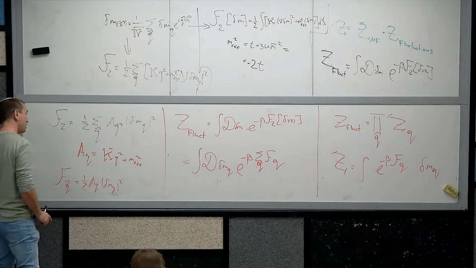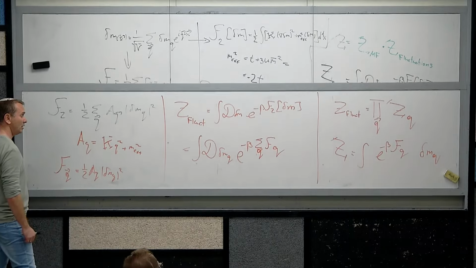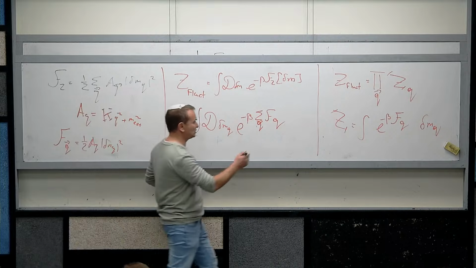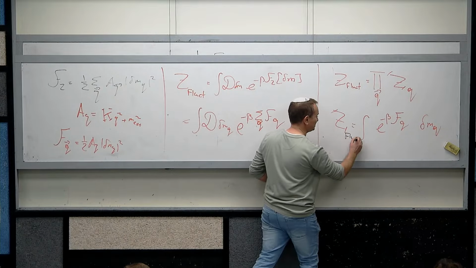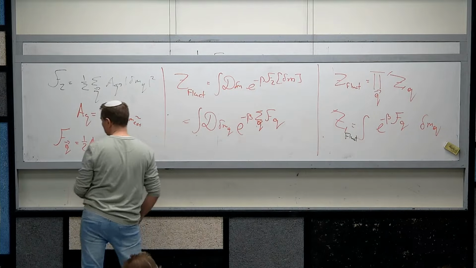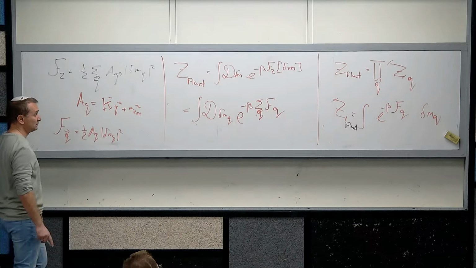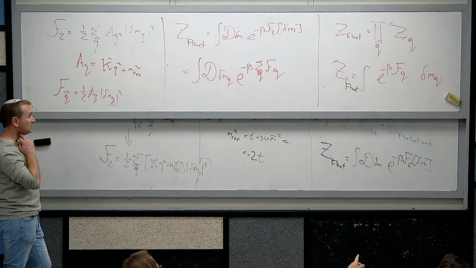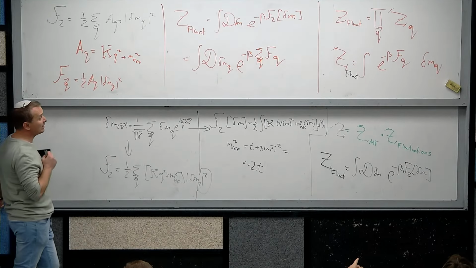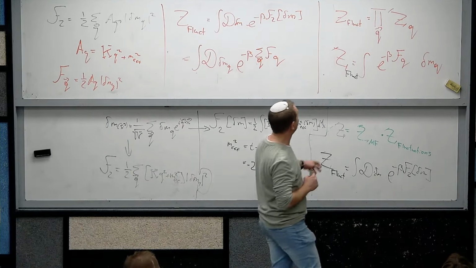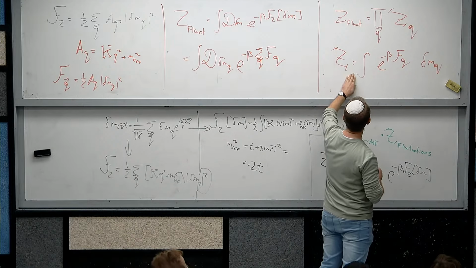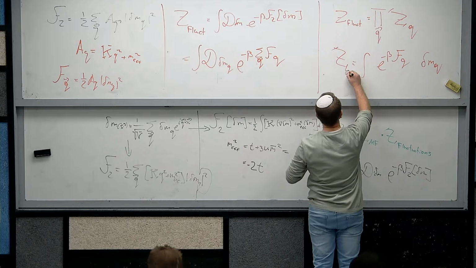So what we have obtained is Z fluctuations as a product of the Z of q.